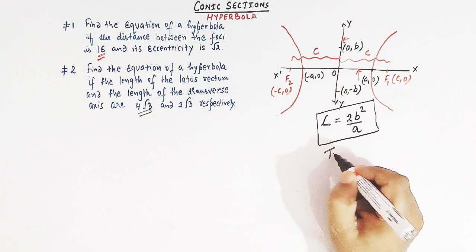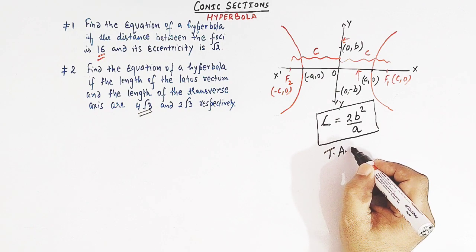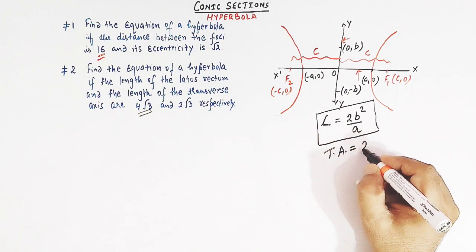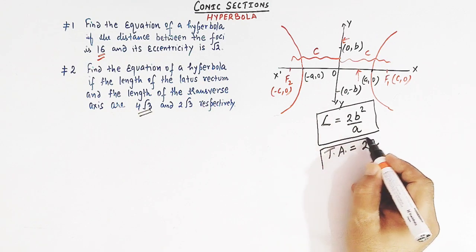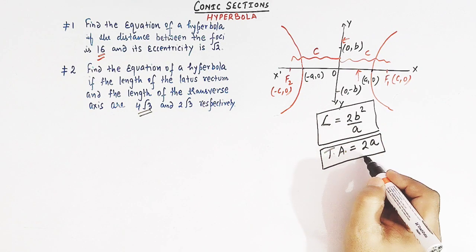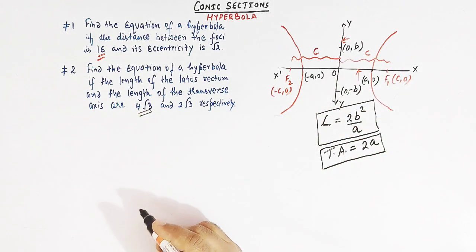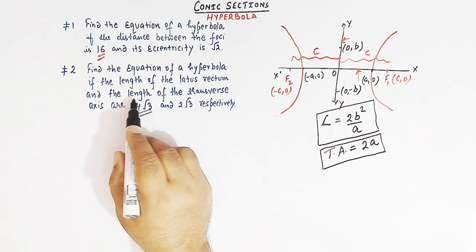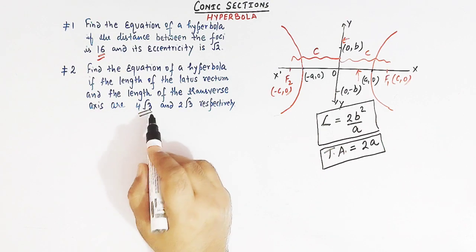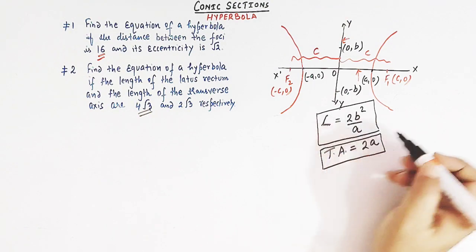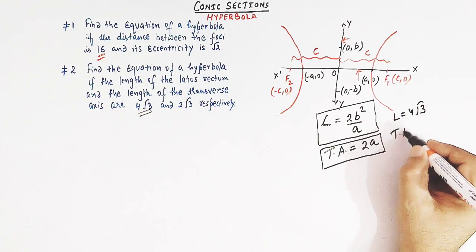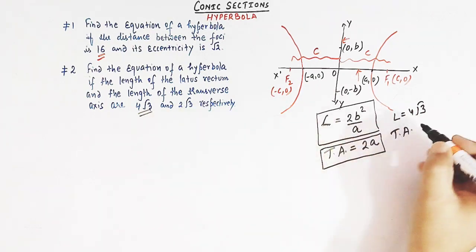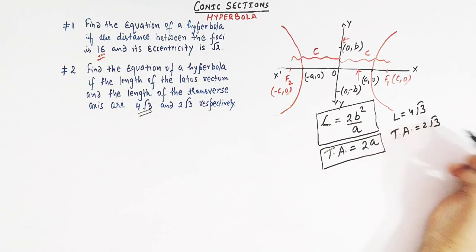So the length of the transverse axis is given as 2a, right? So here we have to make use of these two results to get the equation of the hyperbola, right? So now the length of the latus rectum is 4 root 3. So L is given as 4 root 3 and the length of the transverse axis is given as 2 root 3, right?